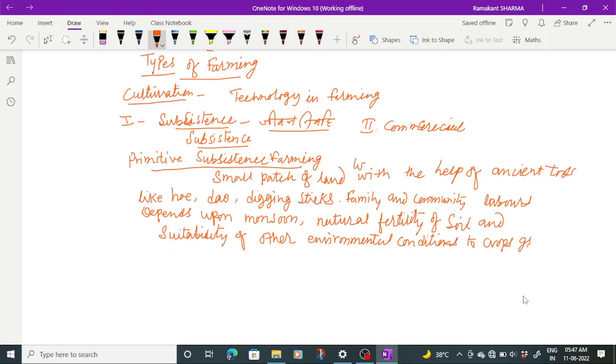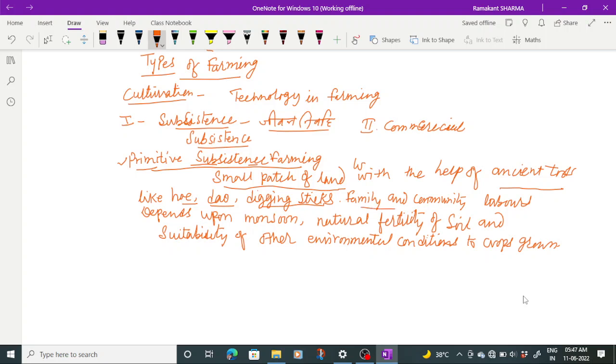So we have seen here some of the important things about the primitive subsistence farming. It is done on a small patch of land, and ancient tools like hoe, dhow and digging sticks are used here.